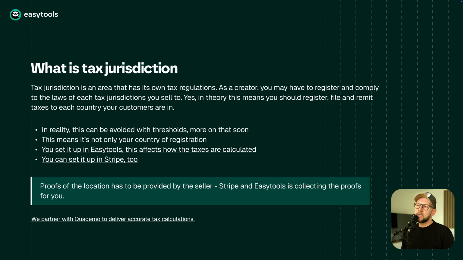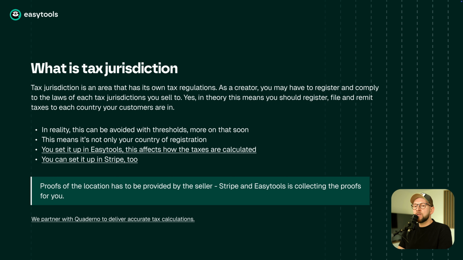However, this is something that doesn't have to be handled by you. Stripe and Easytools are collecting those proofs, and we are also not blocking people who are using VPNs. It's really hard to set up. So in most cases, they will be able to buy with some different details, but this is on them, and the responsibility is also on them for providing the right location.